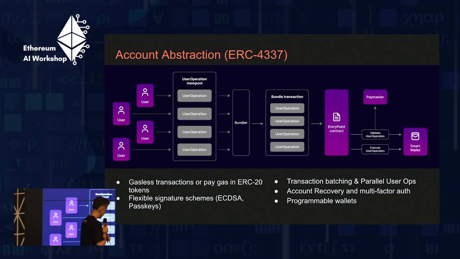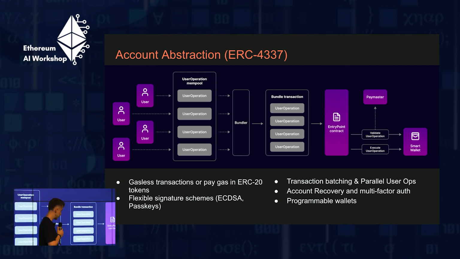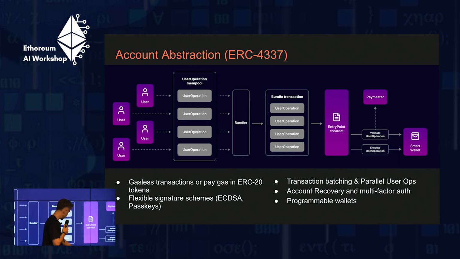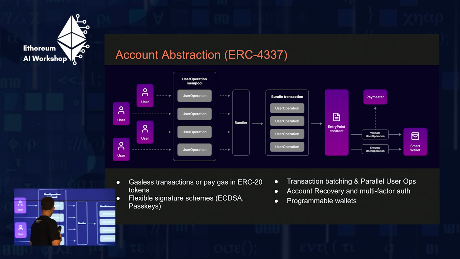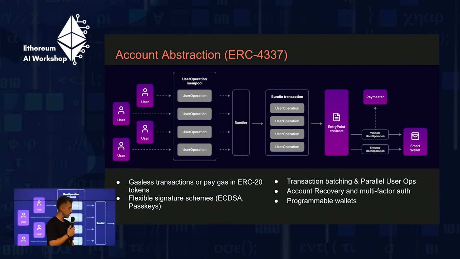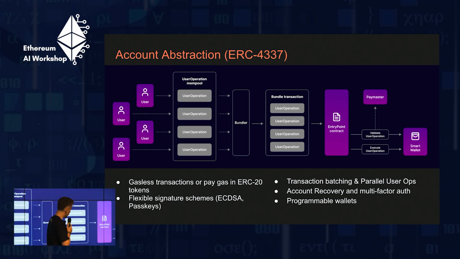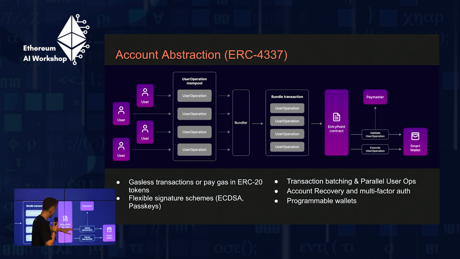So the bundler picks up these transactions, which are called user operations. It will bundle them together into one Ethereum transaction, and then it sends them to an entry point contract. Now, the job of the entry point contract is to just validate these user operations. So if we have a DApp and we want to pay for the user operation for the user, there will be a paymaster.